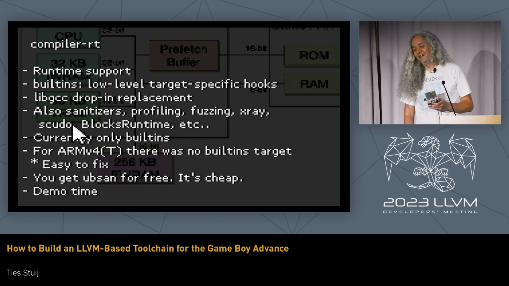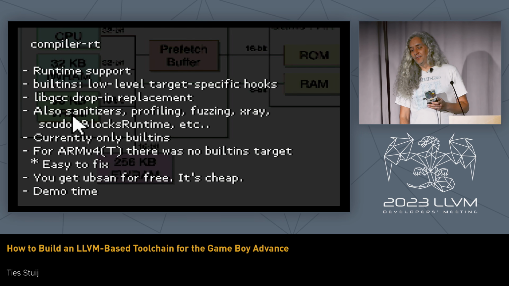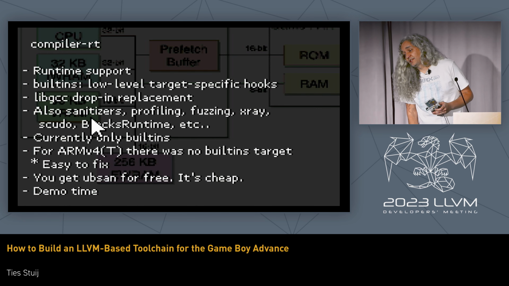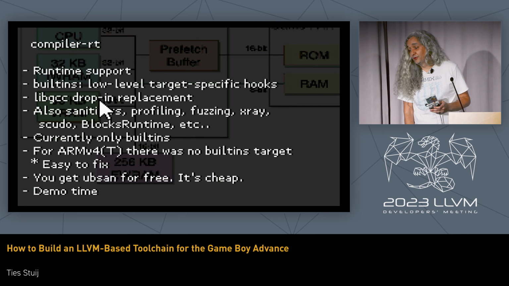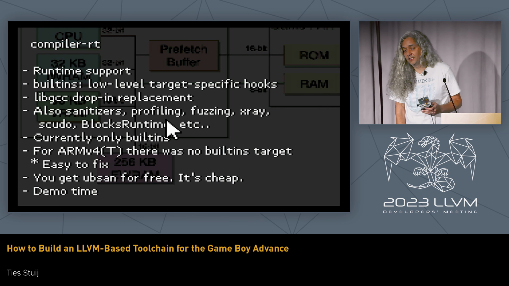Almost. Well, I'll get there. It mostly worked for me. Compiler-RT is more. It's also sanitizers. It's profiling support. It's fuzzing support. A bunch of other stuff. We don't build them currently. Some people are looking into getting this stuff working. Profiling is another topic that has been broached in the monthly meetings.